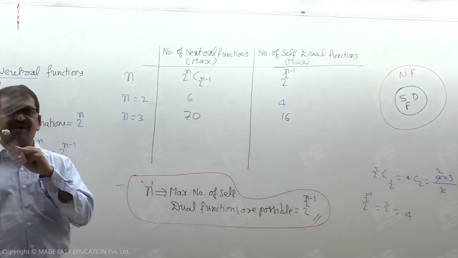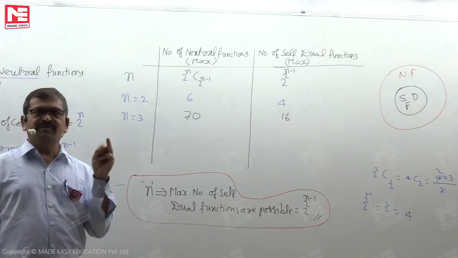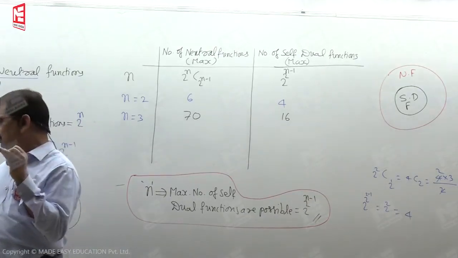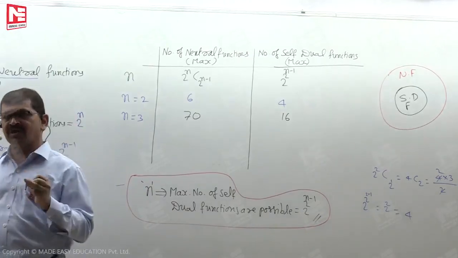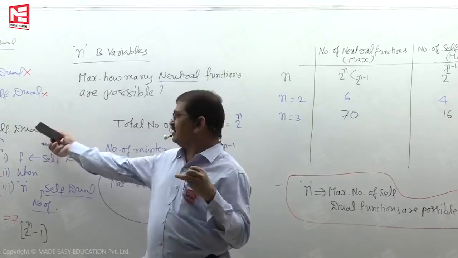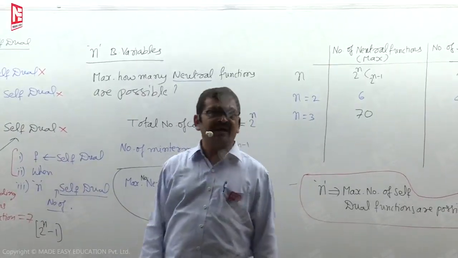The second condition is we add any two decimal numbers and look at the decimal value. As long as it is not equal to 2^n minus 1, no problem, the function is a self-dual function. But as and when it is equal to 2^n minus 1, then the function is not a self-dual function. Like this we have a conclusion.